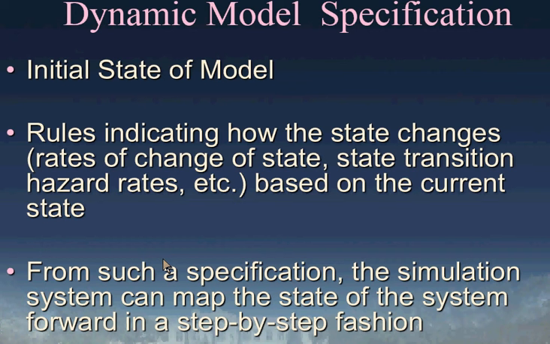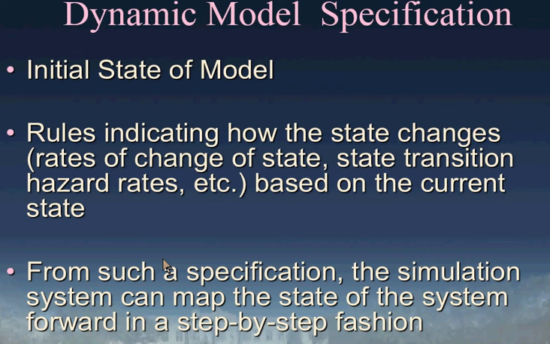So how do we specify these models? It will differ a little bit, in the incidentals. With discrete event modeling, we'll characterize the state of the system one way. In system dynamics, it'll be the initial values of stocks. In agent-based modeling, it will be where people start in their state charts and in their variable values. But we depict some initial state of the model.